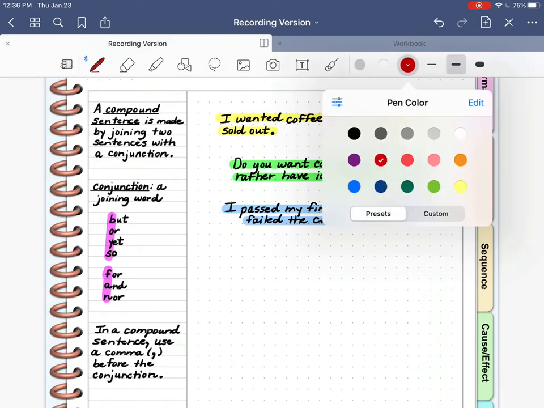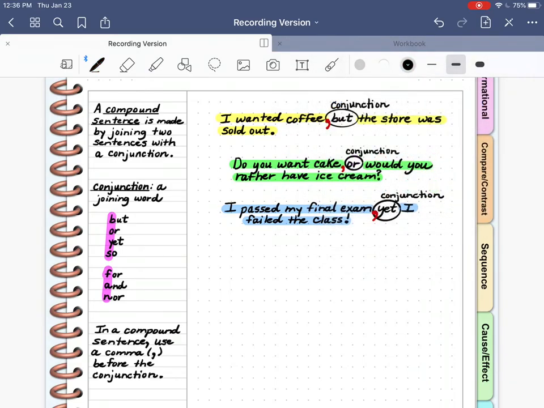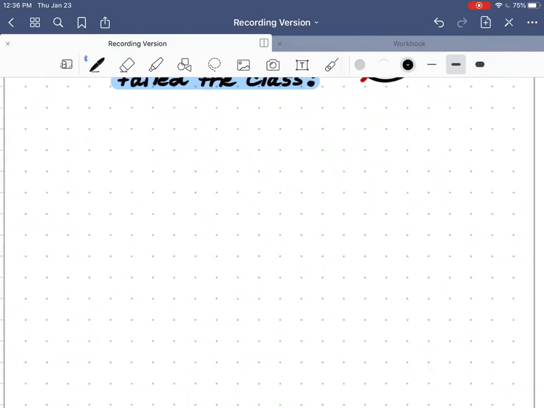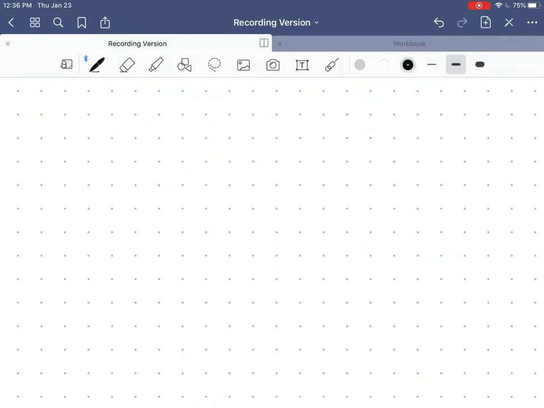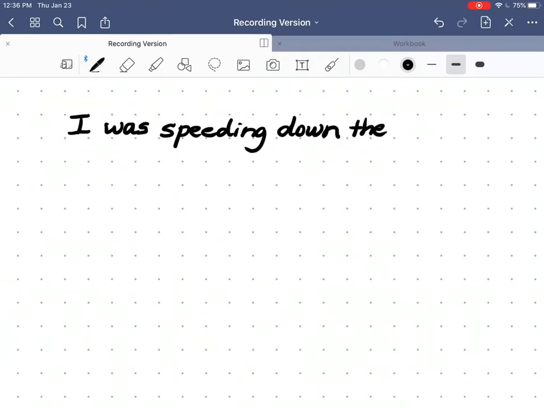So. So is a very common one. I was speeding down the highway. Let's see if you can read my mind.